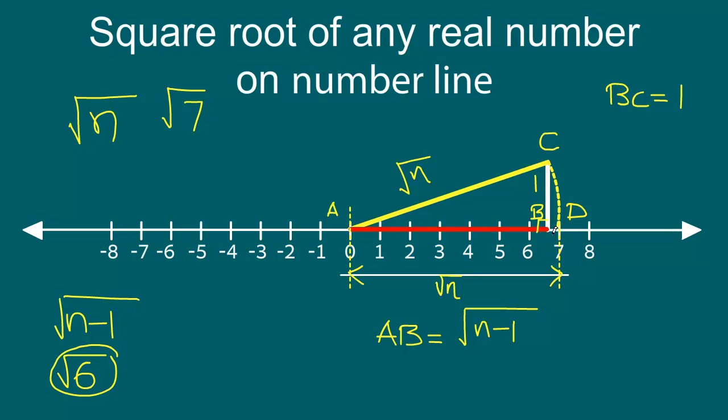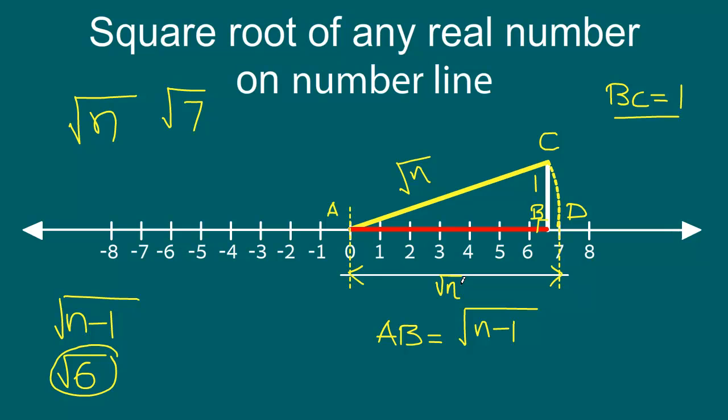If AB is square root 6, then at point B we draw a perpendicular line and find point C such that BC is 1 unit. Then we join AC, and with A as center and radius AC, we draw an arc that cuts the number line at point D. AD will then be square root n, or in our case square root 7.